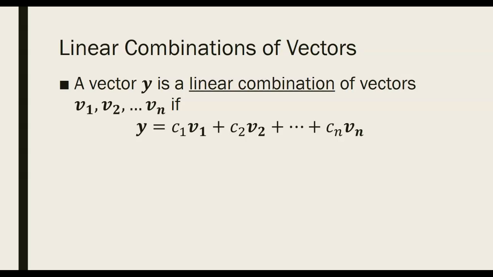So y is a linear combination of my vectors v1 through vn if y can be written as just scalar multiples times each of the vectors all added up. All right. It's obviously called a linear combination because we don't allow any exponents on any vectors. That doesn't make any sense. So this is a linear equation.